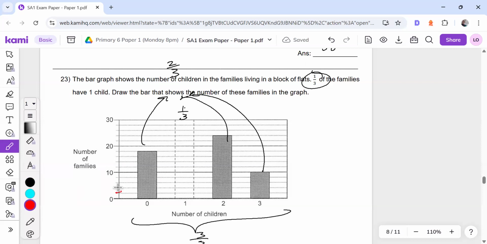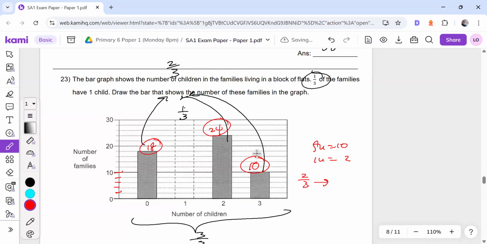Now count the gaps. No matter whether line graph or bar graph, you need to count the gaps. 5 units, 10. 1 unit, 2. Then you need to put the numbers on top. Some of you don't put numbers on top, which is very dangerous. So put the numbers on top, and then what do you do? Then you can see that 2/3 or 2 units is 18 plus 24 plus 10.